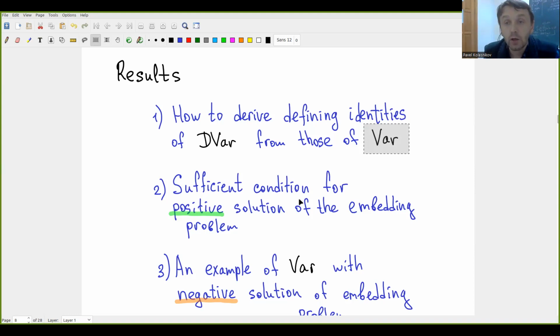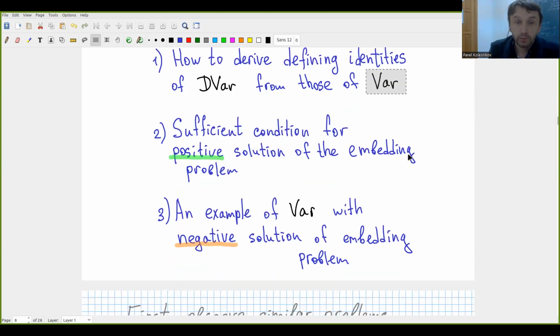So we describe the properties of Var so that every algebra from Var embeds into an appropriate Var algebra with derivation. This is just a sufficient condition. A sufficient condition, it is not necessary.